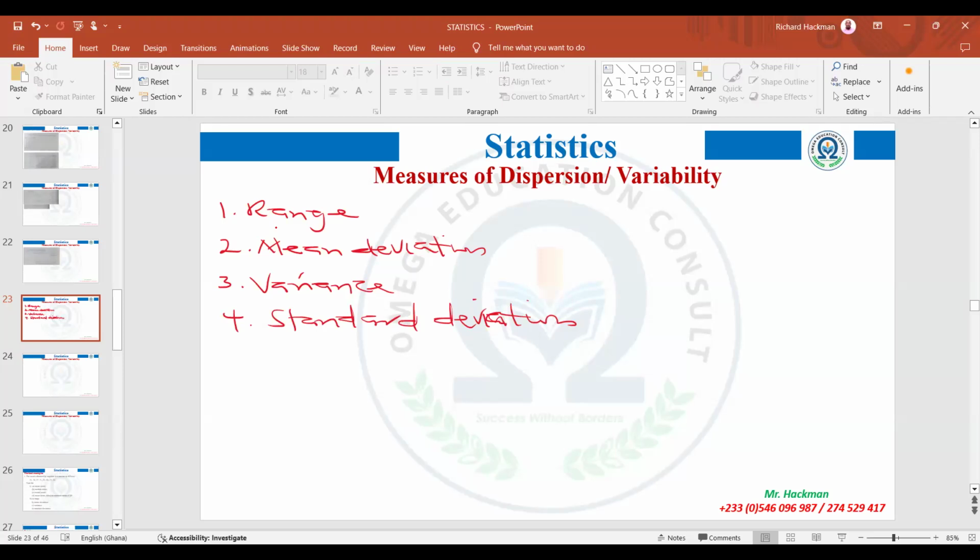Like we did for the measures of central tendency, for each measure that we take, I will explain from the raw data perspective how to get it, from the grouped frequency distribution table how to get that, as well as that of the group. Like I said, if you know that of the raw, you know the rest, because we know the trick in getting the formula for the rest.